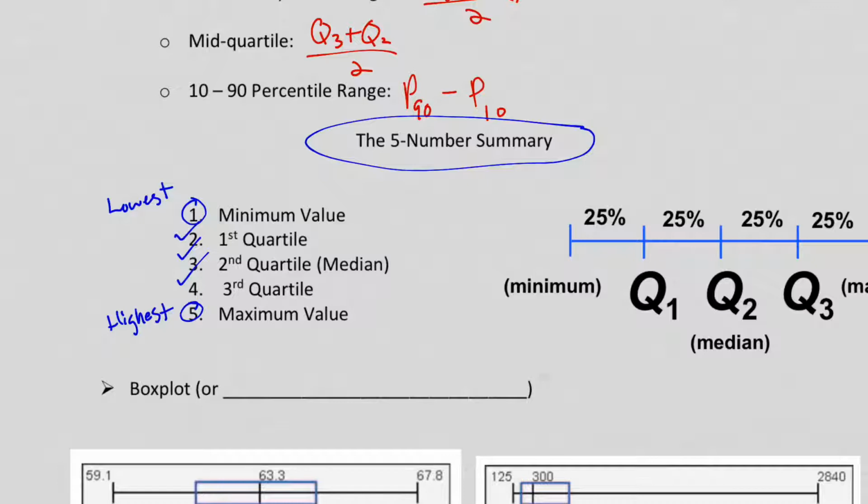And then the other one that's pretty easy would be the median, which is the middle. Okay, and then the first quartile is basically the middle of the first half, and the third quartile is the middle, or the median, of the second half.